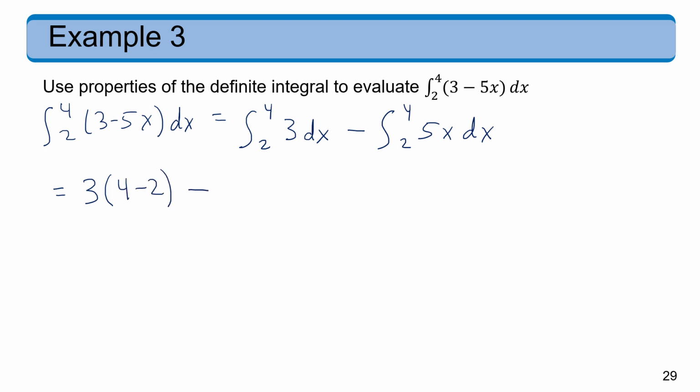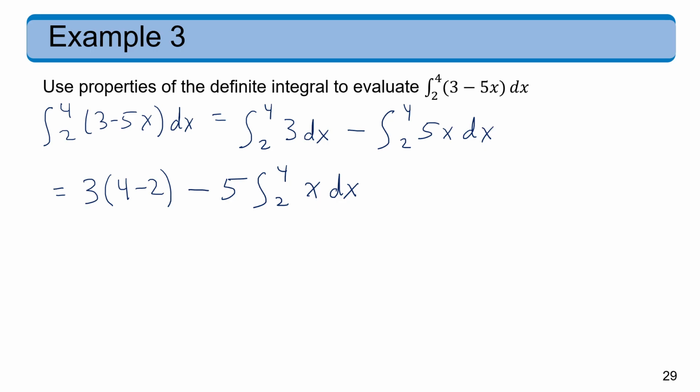Then we have a minus sign. Now the next integral, we have a constant times a function. So we learned a property that said you can pull the constant out in front of the integral sign. And notice every time I write the integral sign, I use the same limits of integration as the original, 2 to 4.